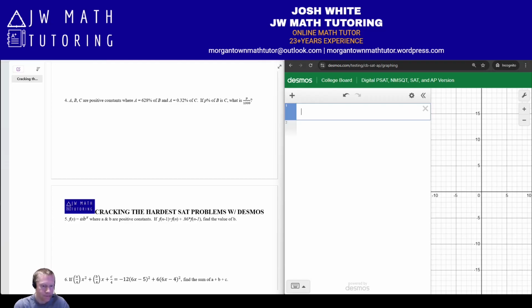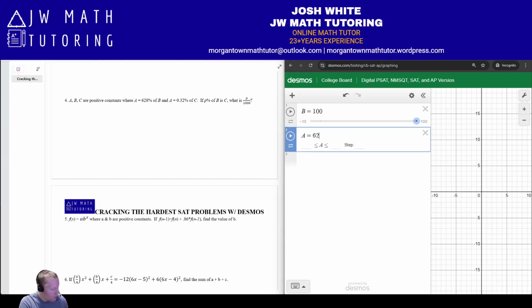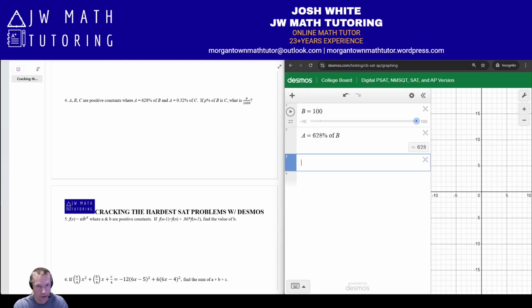Okay, so first thing I would do here is I would start by defining B equal to 100. Then I would note that A is equal to 628% of B. Notice that tells us that A is going to be equal to 628 based on the value of B that I chose.